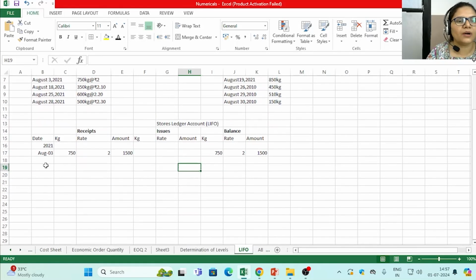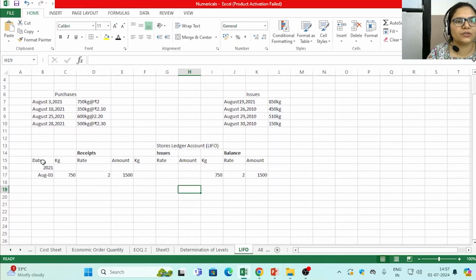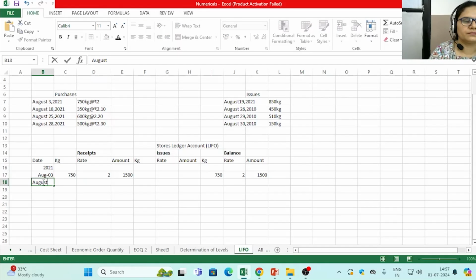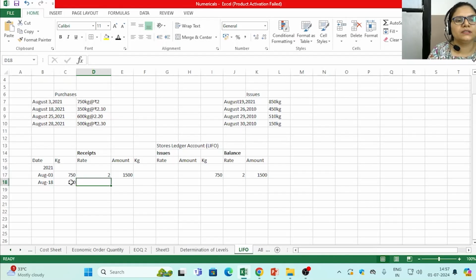Now, the next transaction is done on August 18. It is at the rate of rupees 2.10. We multiply 350 into 2.1, which gives 735. No issues have been done on this date, so the balance will remain as it is.